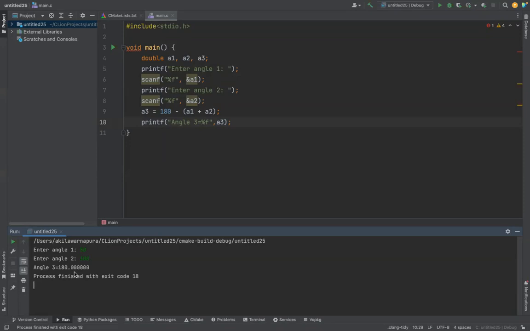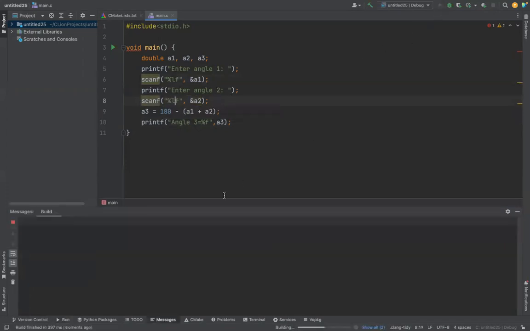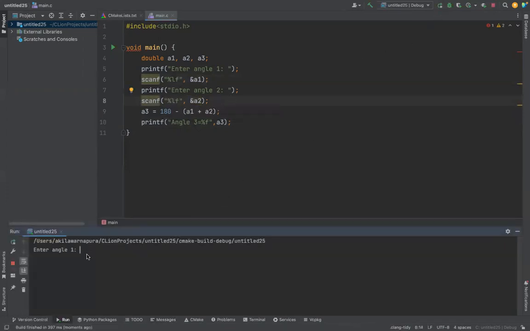Did I make any mistake? I think we need to use %lf. Since this is a double, a floating point number, you need to use %lf, the long float value.